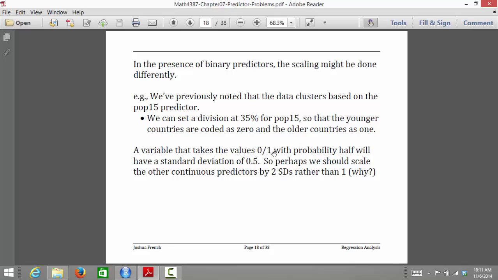So if we divide by 2 standard deviations rather than 1, our scaled binary variable will still be zeros and ones, which has a nice, easy interpretation. If we also subtract off the mean, it's going to get converted to -1 and +1, and we'll have to be careful there. But if we just divide by 2 standard deviations when the standard deviation is a half, then we'll get our binary predictor variable back.